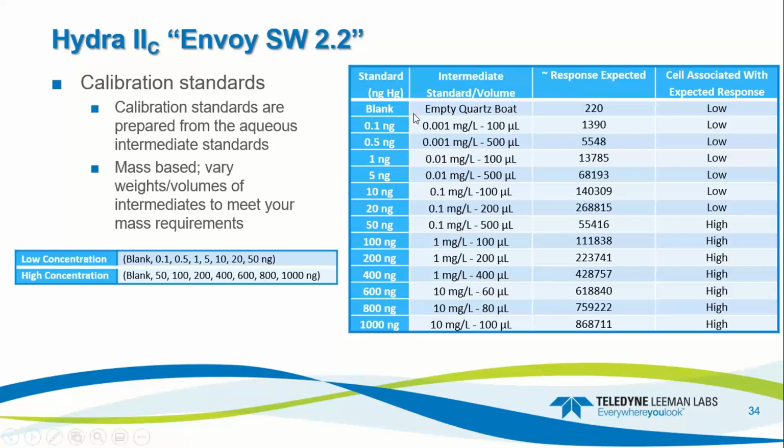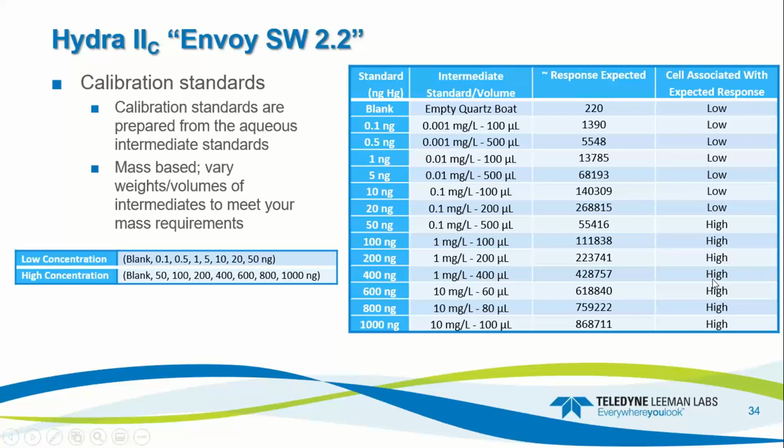So you vary the amount of each standard in the boat, and that'll create the calibration. Typically, I go up to 1,000 nanograms, and that's created using the 10 ppm and 100 microliters of that standard. And then I have a typical response of around 900,000 units, and it's measured in the high cell.